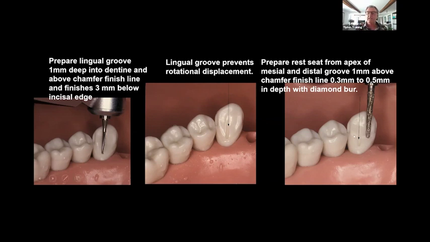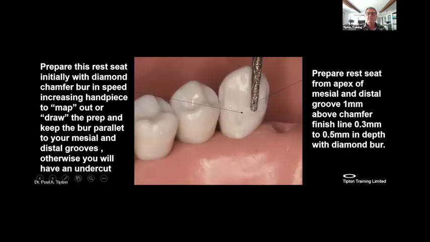And one of the ways to make sure that you're doing it slowly, bit by bit, is initially to map out where your rest seats are going with a speed increasing handpiece, and instead of a tungsten carbide, just a normal diamond tapered burr with a nice either shoulder or chamfer finish. And what that does is it just puts little lines onto the lingual aspect. Once you've got those lines, okay, and here I'm just mapping out the lines, okay.